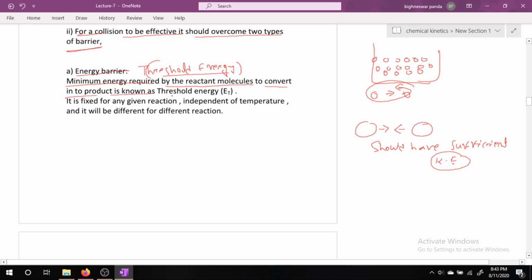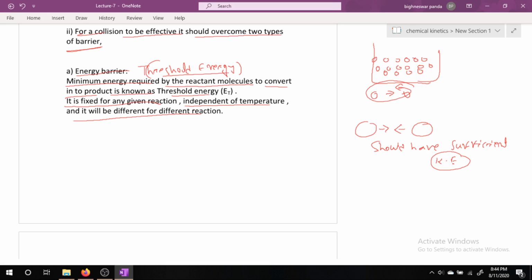That is denoted by ET, and it is fixed for any given reaction, independent of temperature, and it will be different for different reactions.